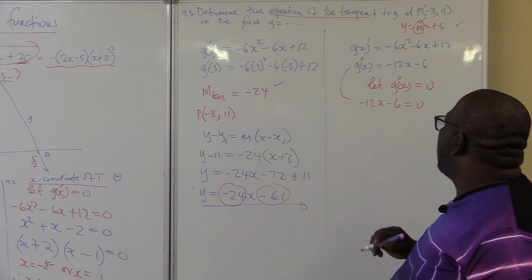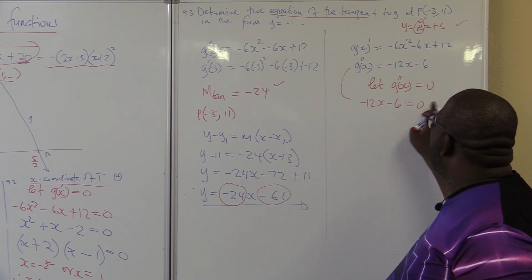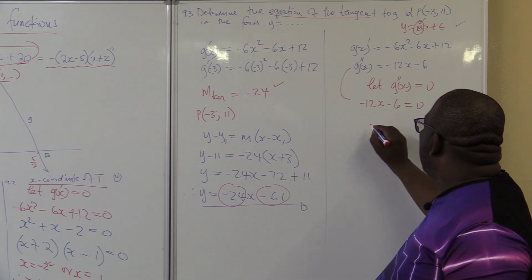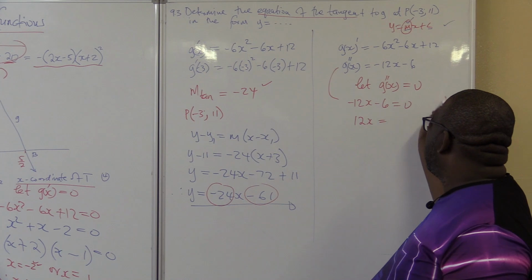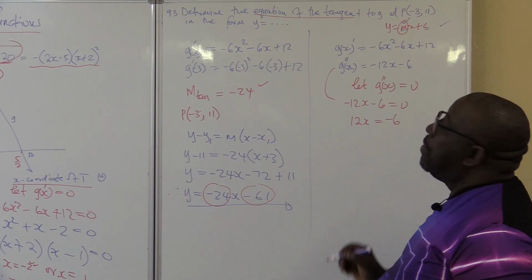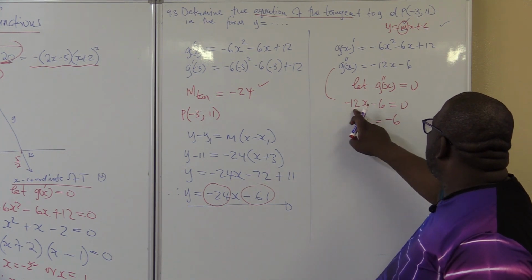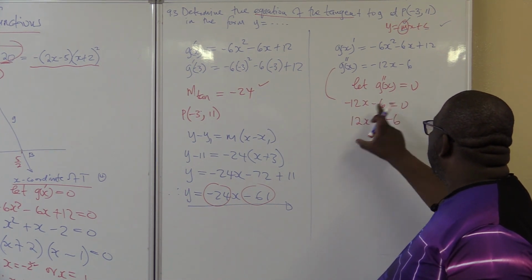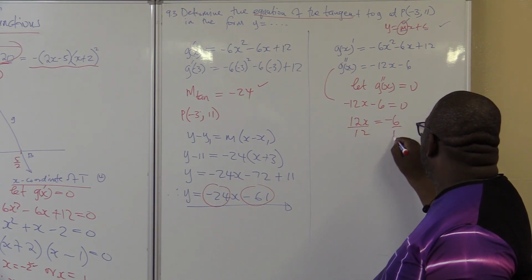My second derivative is equal to 0. Take 12x this side, it will be positive, and 6 will remain negative here. So then I will have 12x equals minus 6. Let's work it out first. We set this one this side, it will be positive. This one will remain negative. Then we divide by 12 on both sides.